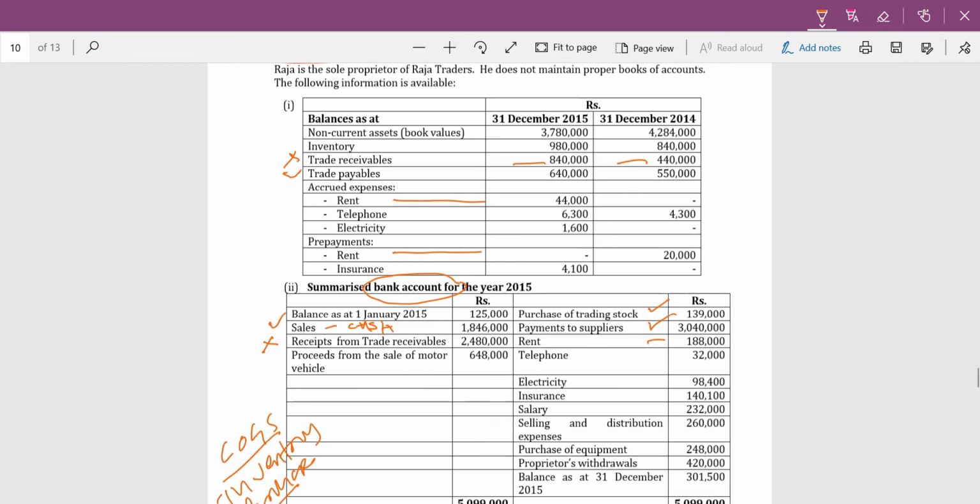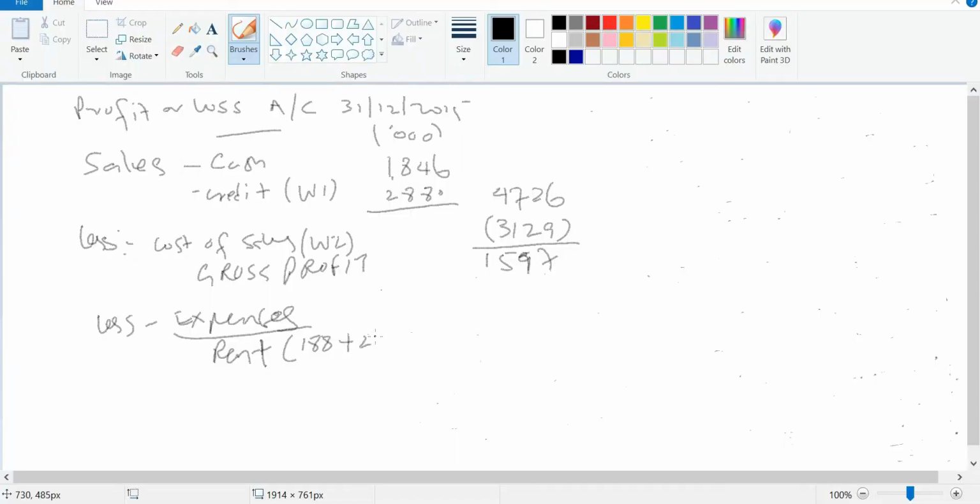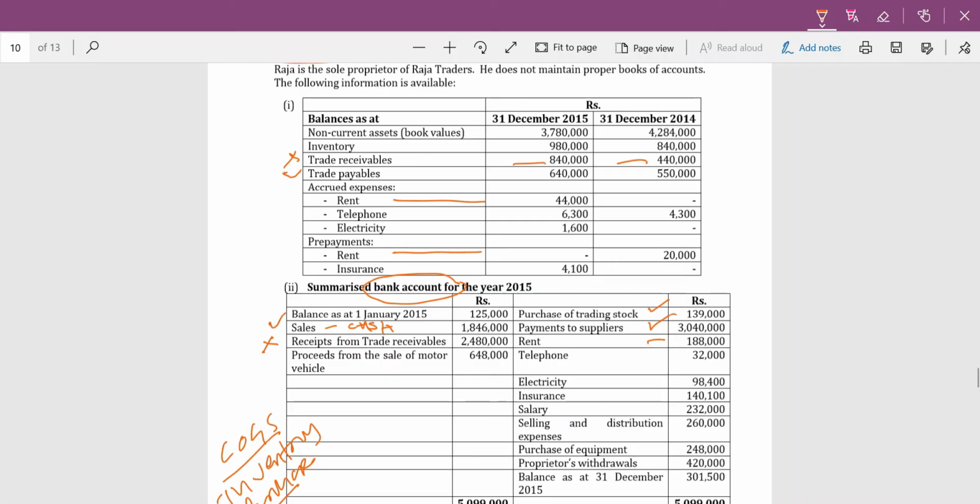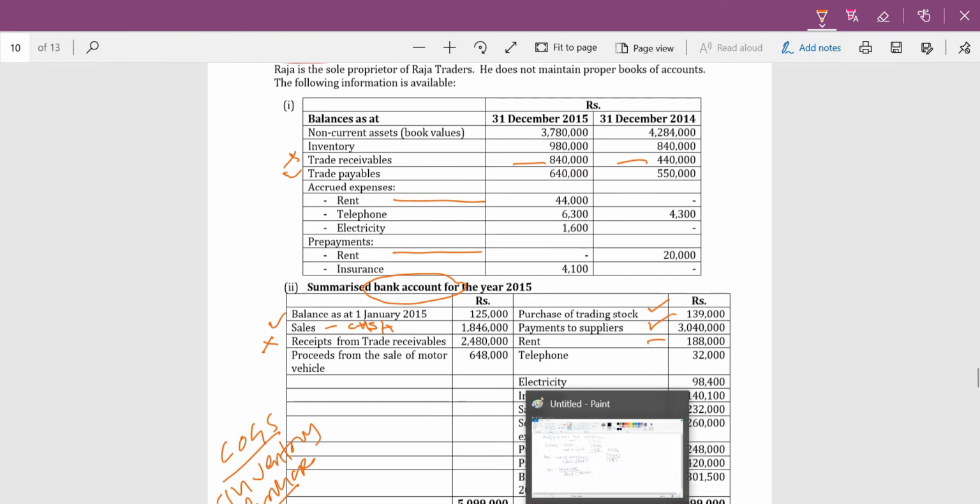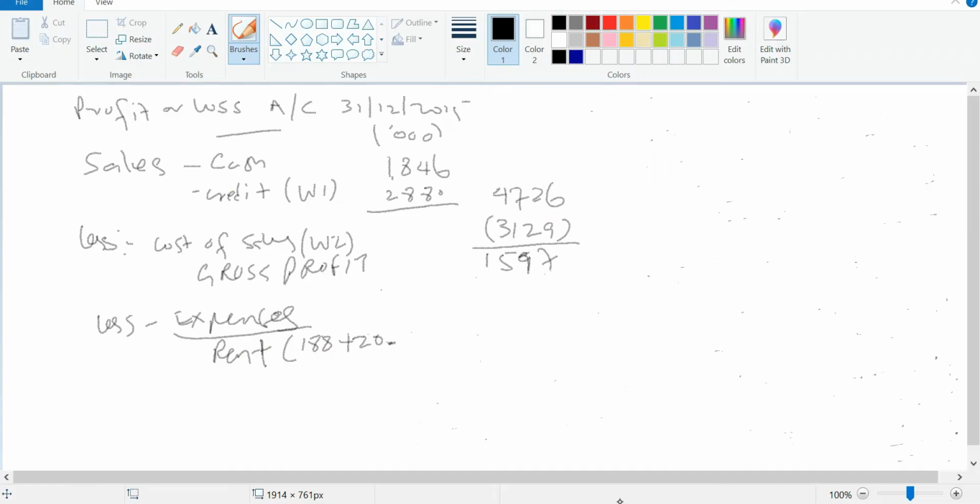Opening balance is a debit balance, so when you make the payment you debit the rent account. Therefore you need to add the prepayment 20 and the closing accrued expenses of 44,000 should also be added back.